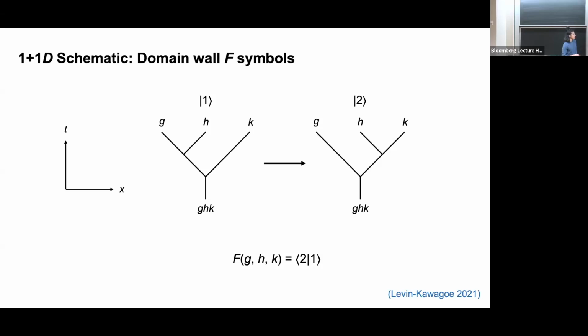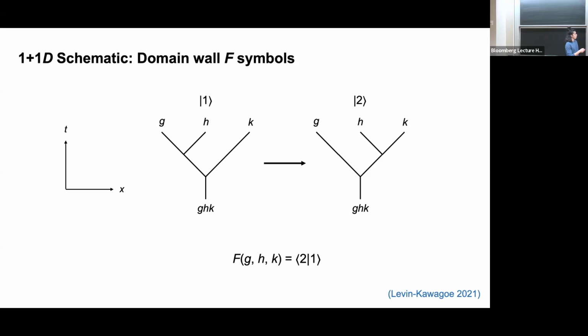The basic schematic idea is that we start with some state which has a single domain wall of type GHK, and we enact some process that will give us two different states, 1 and 2.